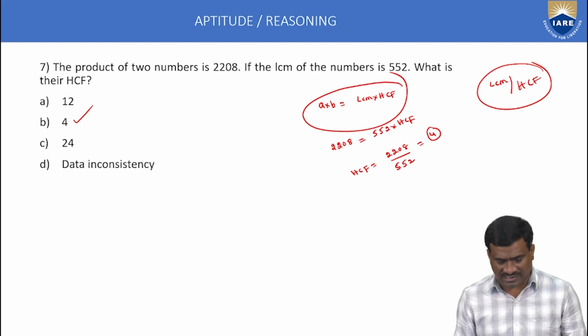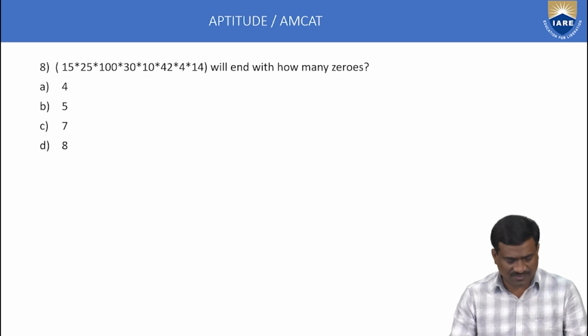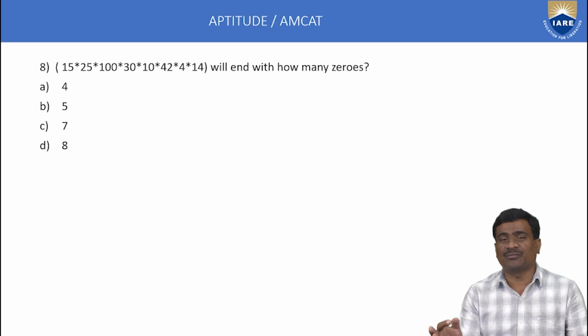Next, eighth example. Here calculate the total number of zeros by using the product: 15 into 25 into 100 into 30 into 10 into 42 into 4 into 40. Here calculate only the number of fives and number of twos.